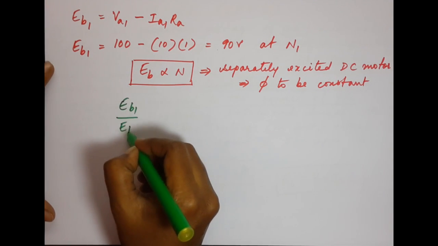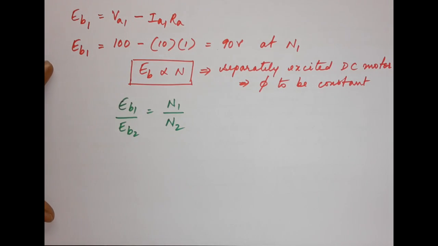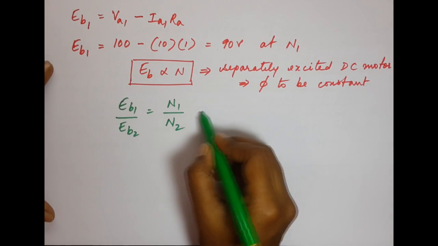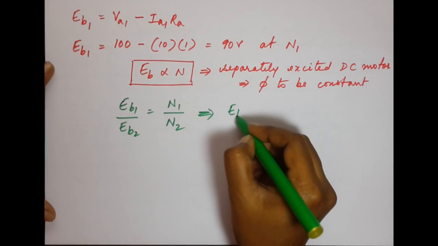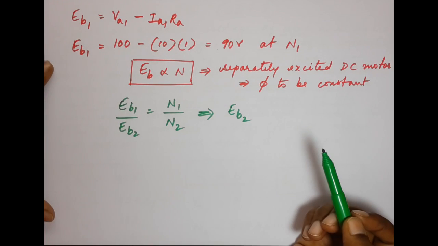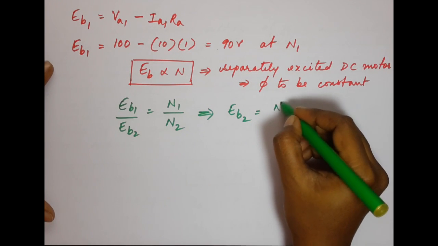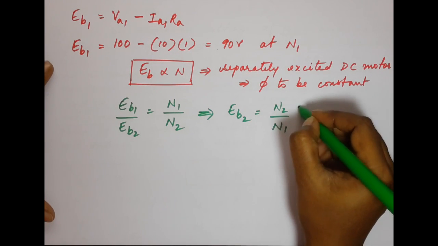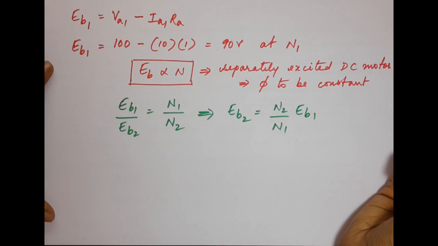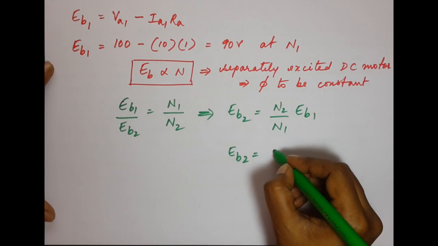Now using this, we can write down a proportional ratio. EB1 by EB2 is equal to N1 by N2, right? Now from this expression, we can find out the value of EB2. We found the value of EB1, next we find out the value of EB2. So EB2 would be equal to N2 by N1 into EB1. Let's substitute the values. What's N2?